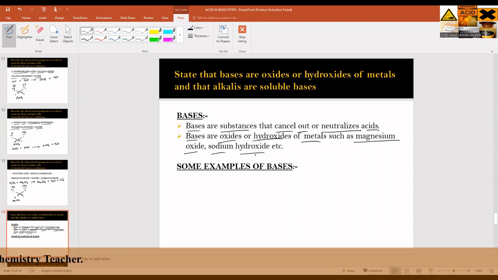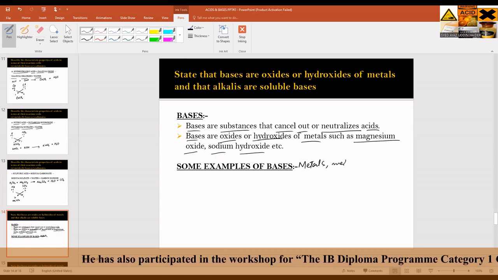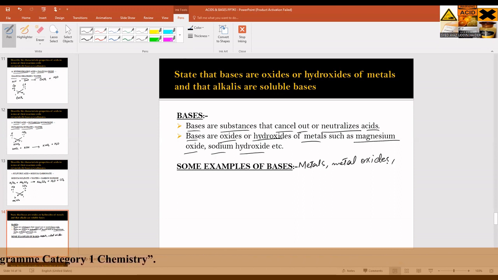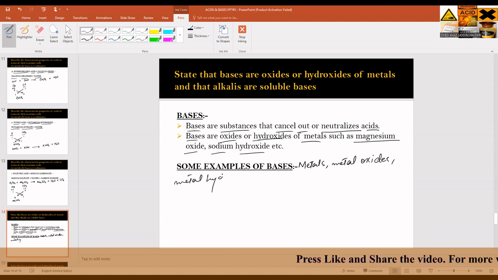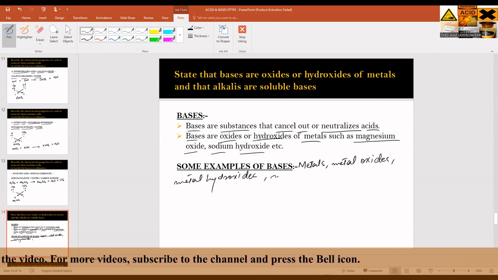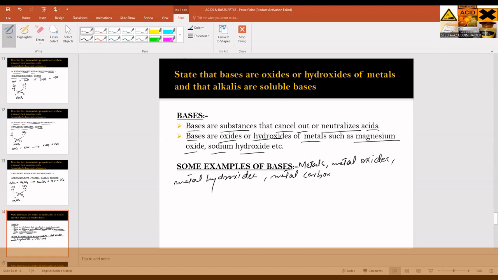So you can have any substance acting as a base if it is able to cancel out the effect of acid. So you have metals, metal oxides, metal hydroxides, metal carbonates. Now I'm writing the formula for some of these.